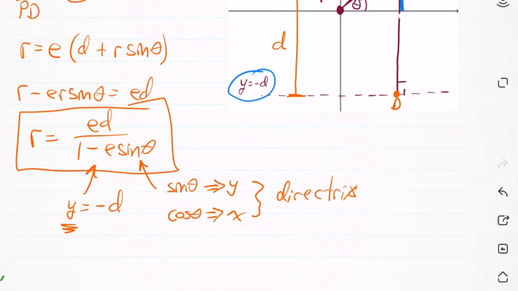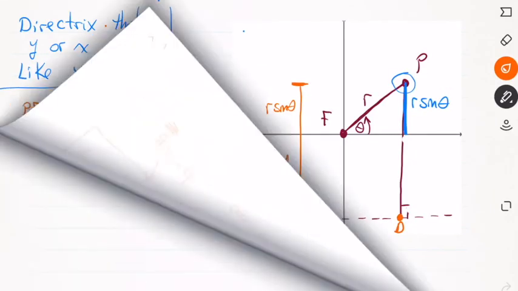So let's look at coming up with a graph of something of this form. For example, let r equal 5 over 4 minus 4 sine of theta.